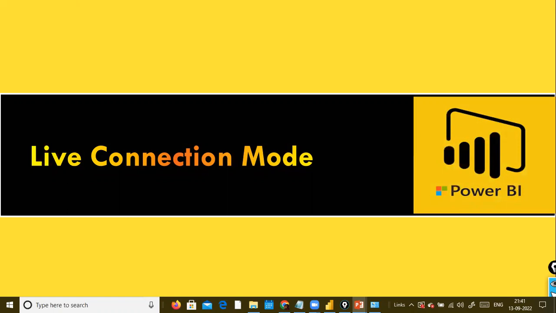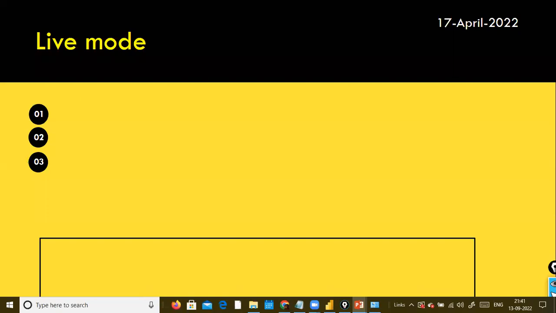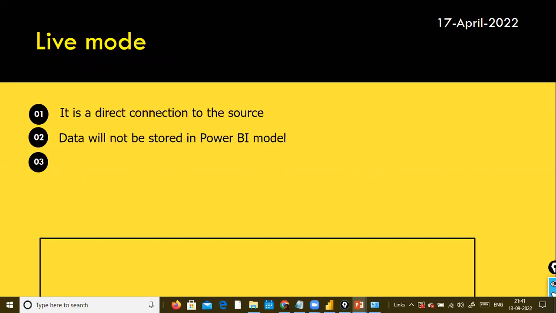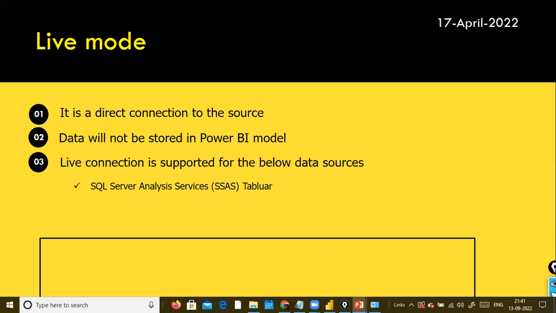So what is a live connection? It is similar to our direct query because the data will reside in your source system itself. In the case of live connection, it will not store data locally in your Power BI Desktop. So more or less the same as direct query. But there is a difference between direct and live connection. The difference is with respect to the source system.